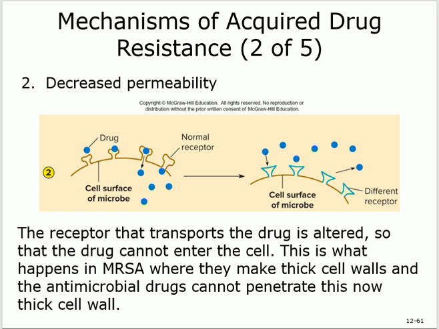And this is actually what happened with MRSA. Do you remember MRSA? Methicillin resistant Staphylococcus aureus, how do they become methicillin resistant? You're giving them methicillin, and then they change the wall. Methicillin is a type of what?